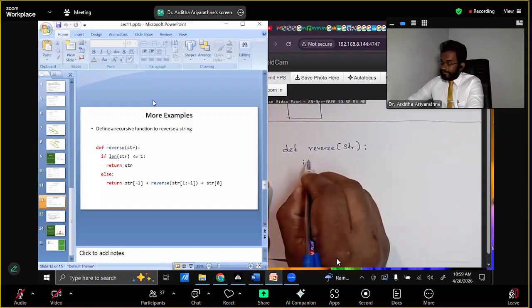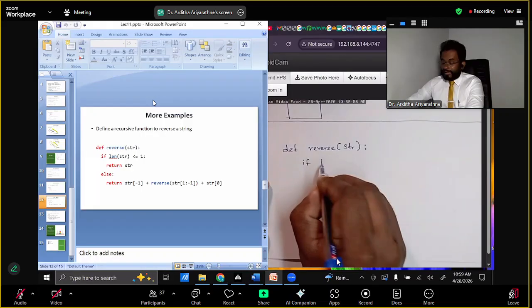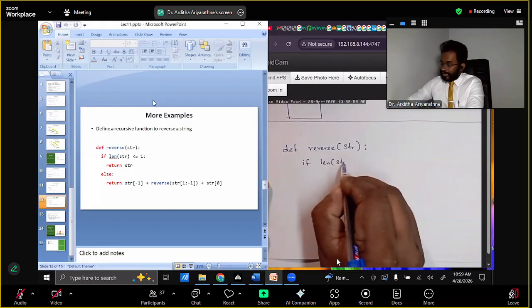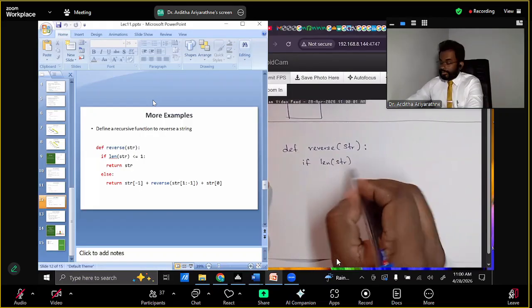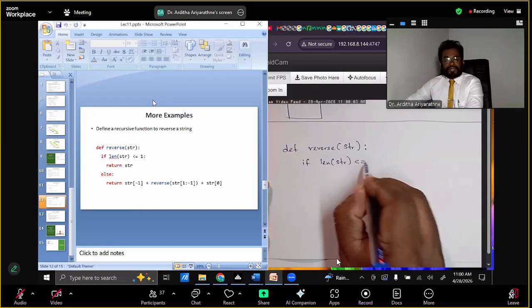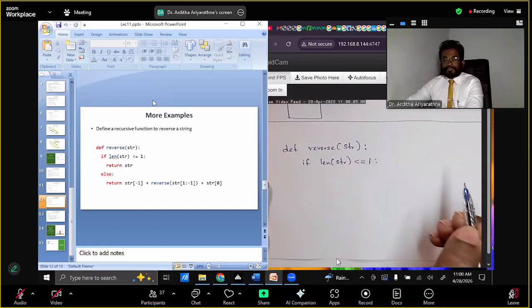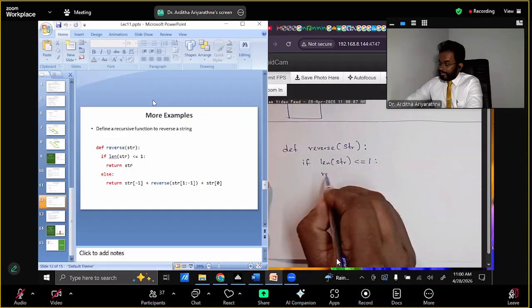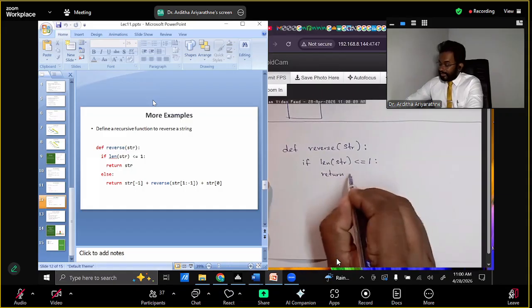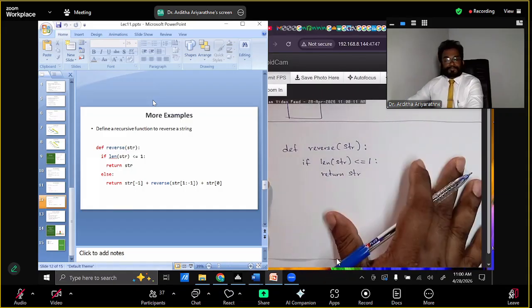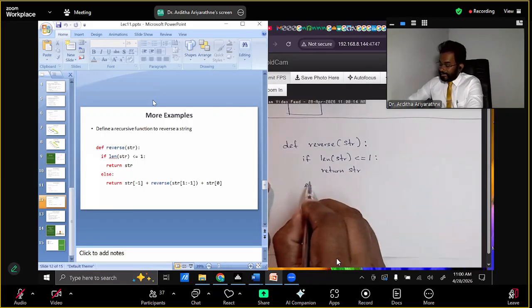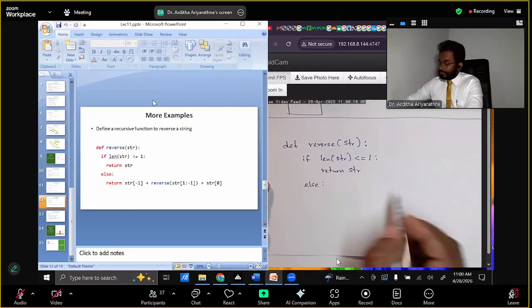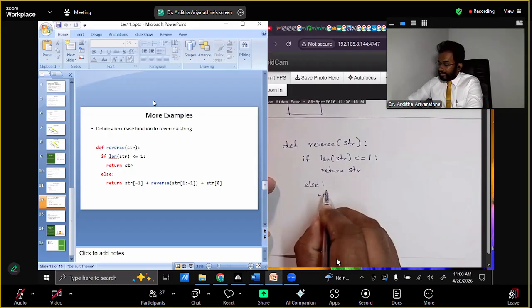then if len(str), you know the meaning of the len function, less than or equal to 1, we are returning str, then else, we are returning what?